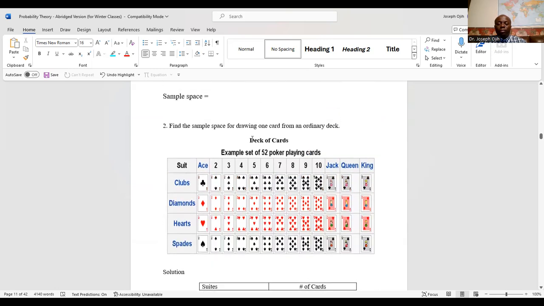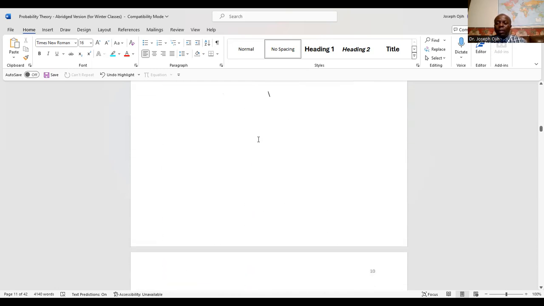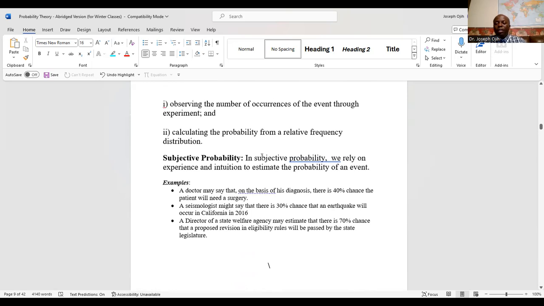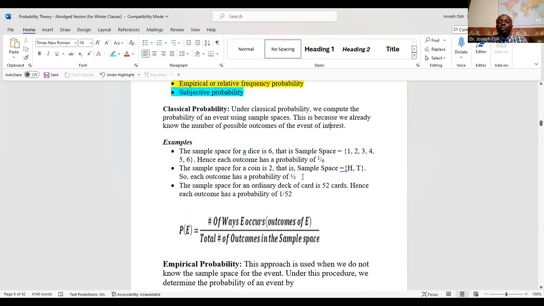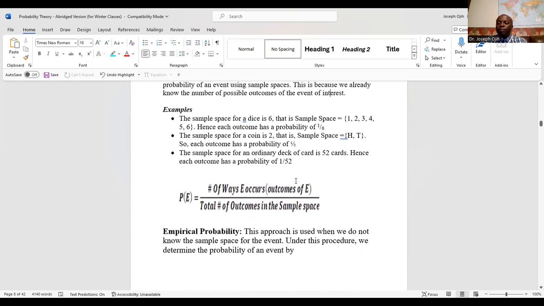A week has 7 days. So we use this known sample space to calculate the probability of events under classical probability. The formula we use is: the probability of event E equals the number of outcomes of event E divided by the total number of outcomes in the sample space.